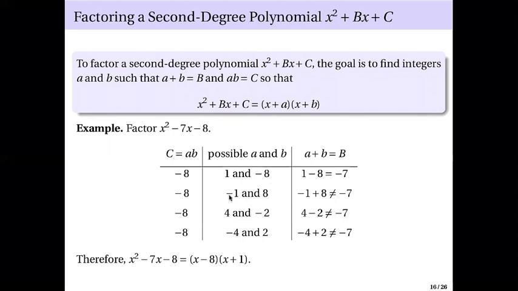Therefore, you have negative 1 and positive 8. Again, if you chose the pairing 4 and 2 and this was positive, then you must have 4 positive and the lower number 2 negative.